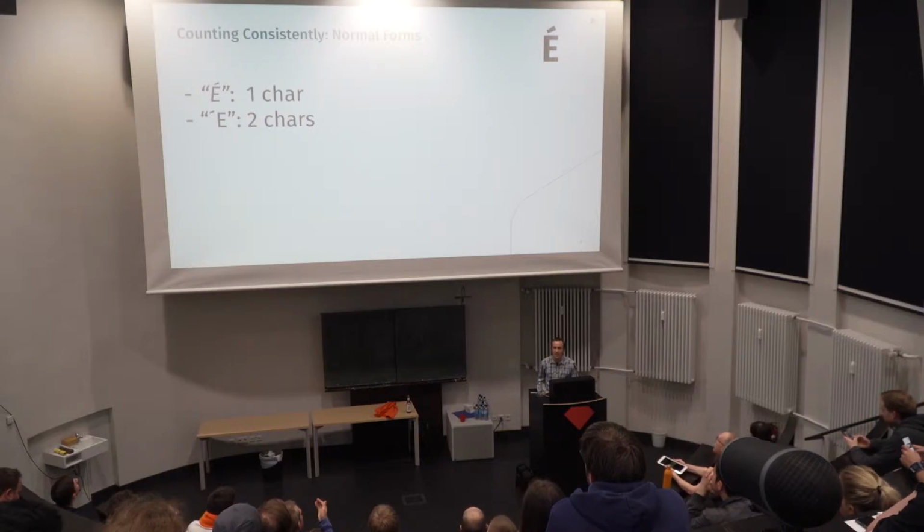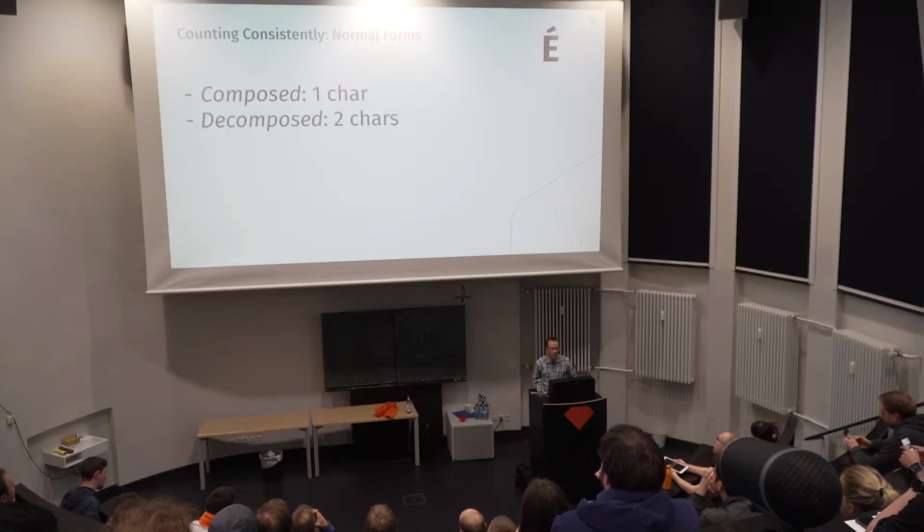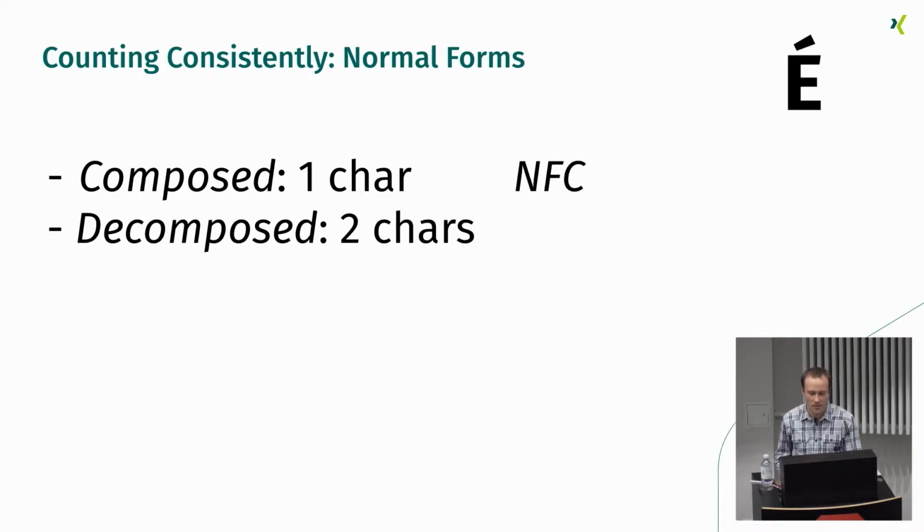Turns out people thought of that before, and they developed the so-called normal forms. The first one would be the composed normal form, so it's a composed character. And then there's the decomposed normal form, which would count these as 2 characters. They are abbreviated as NFC for normal form composed and NFD, respectively.